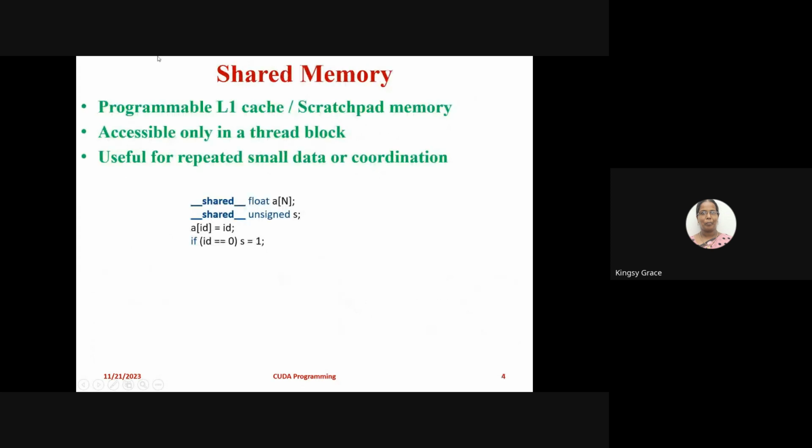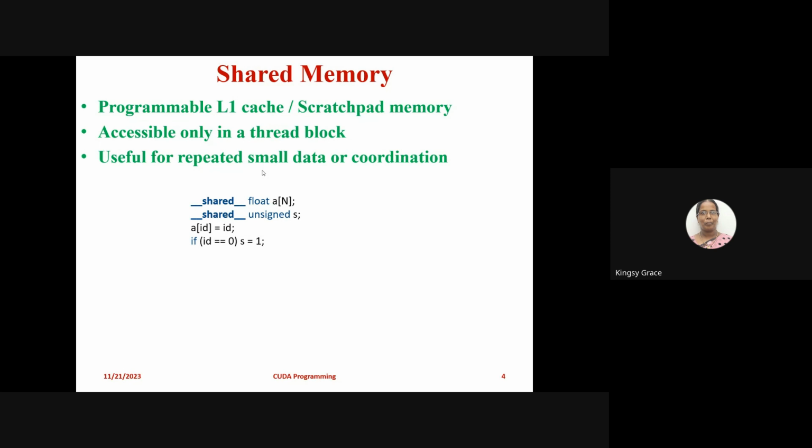Okay. So next we will see what is shared memory. The L1 cache has the shared memory. This particular shared memory is mainly used by all the threads within that particular block, which is accessible only within a thread block. We couldn't access it from another thread block.